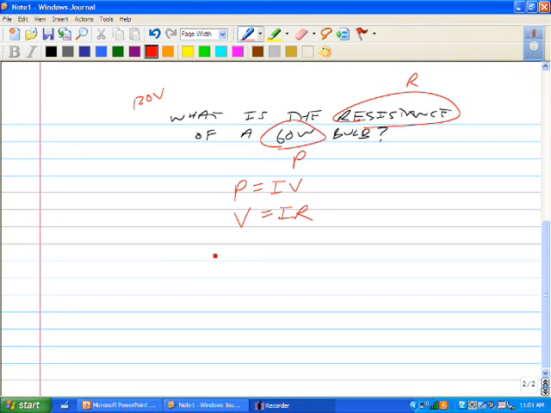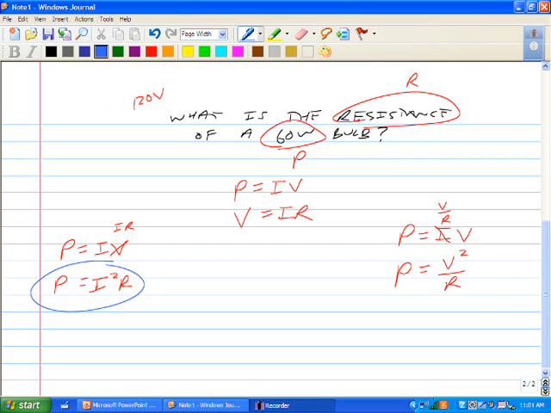So for example, if I take P equals IV, and I substitute for V equals IR, then I get P equals I squared R. Or I take P equals IV, and I substitute for I, which is V over R. So P equals V squared over R.